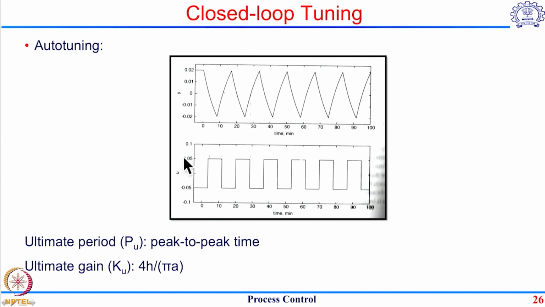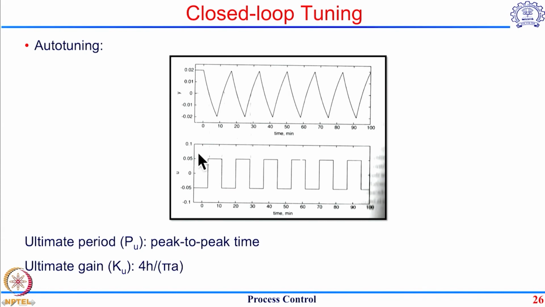And for this type of auto tuning exercise, your ultimate period remains similar: it will be the peak to peak distance between the two troughs or two crests, and the ultimate gain is slightly different. It is 4 times the height of the manipulated input divided by pi times the amplitude of this output.